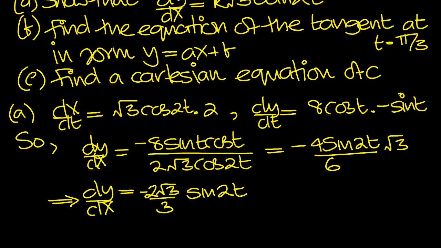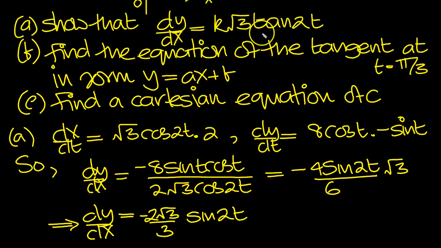And that tells us the value of k that we were asked to write it in the form of tan over cos 2t, sorry, forgotten that. And this is tan 2t. So let's put that in. Tan 2t.